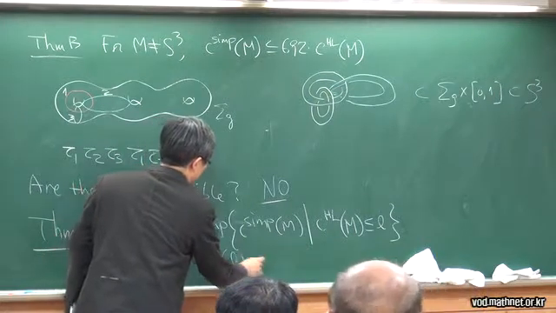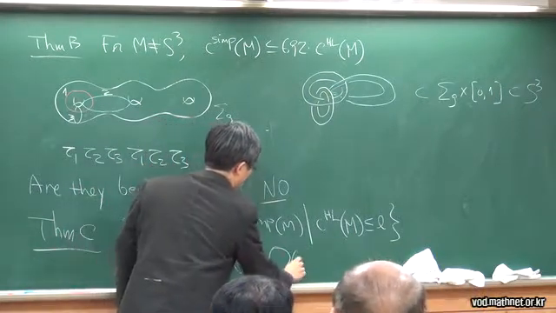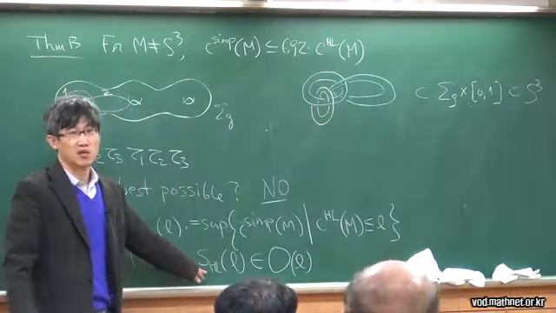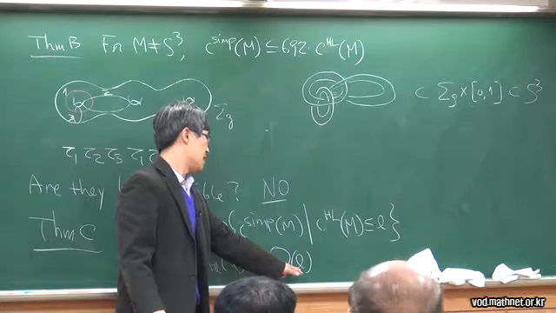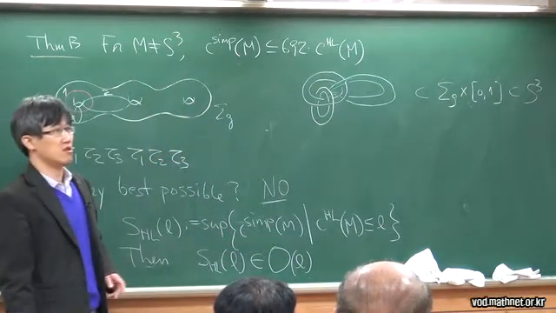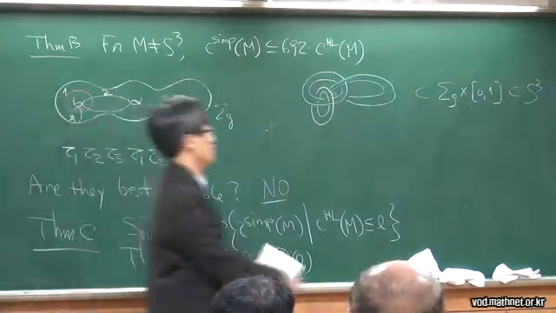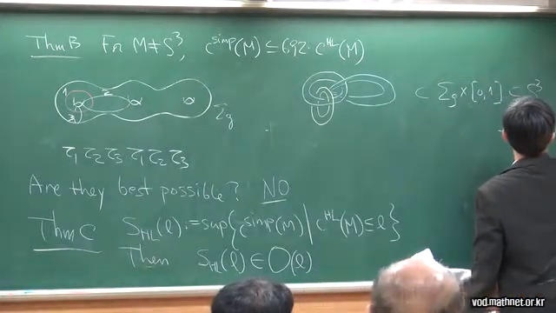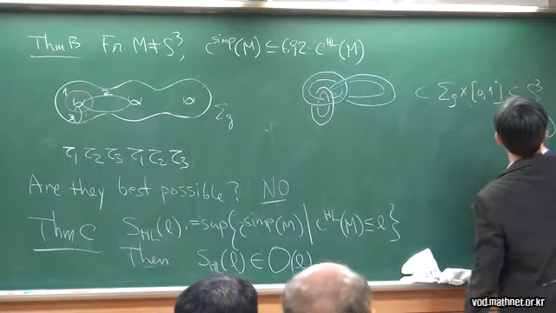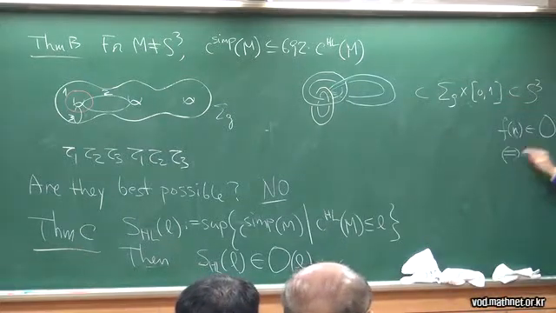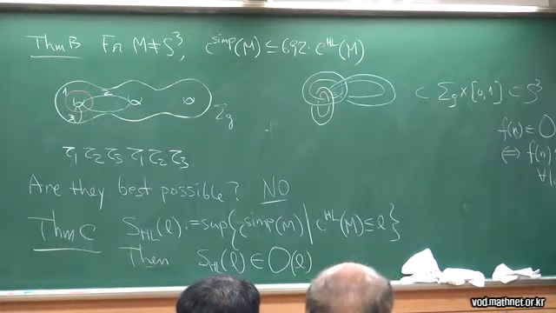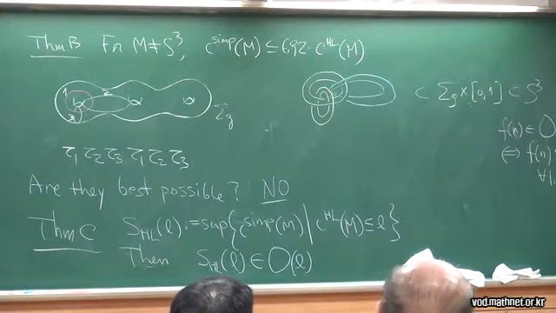This function is obviously in the class of big O of L. What does that mean? This function is bounded by a constant times a linear function for all large L. So we say that f of L lies in O of g if and only if f of n is bounded by some constant times g of n for all large n, standard complexity notation.